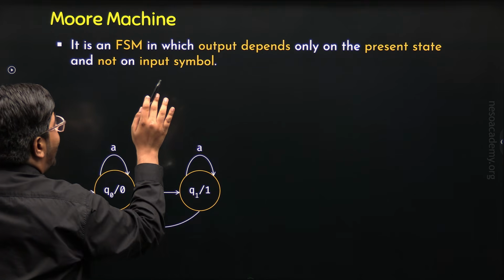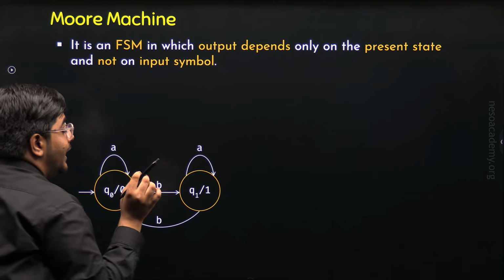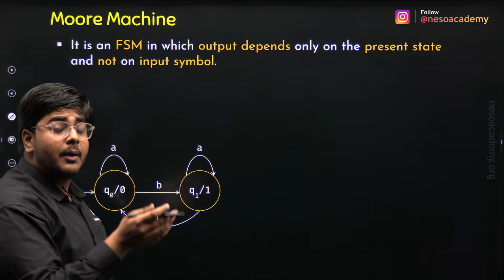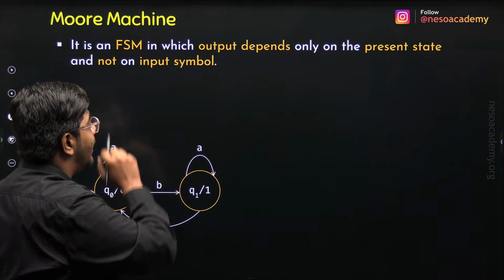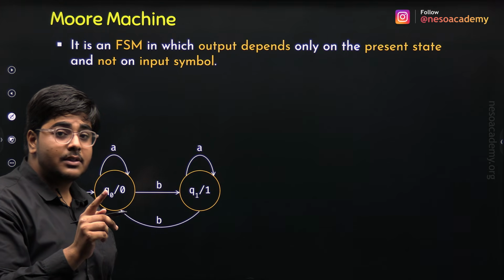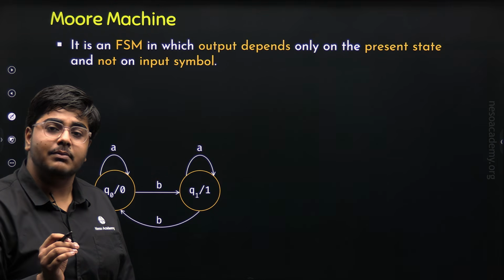So this time output does not depend on the input symbol. In case of Mealy machines, output was dependent on present state as well as the current input symbol. But here, output only depends on the present state. That means only the present state will determine what is the output symbol.